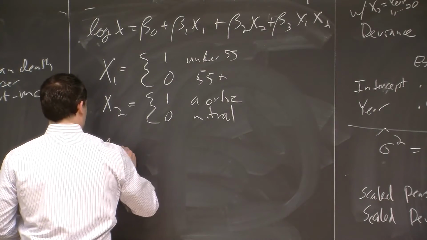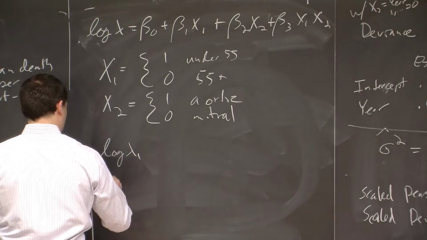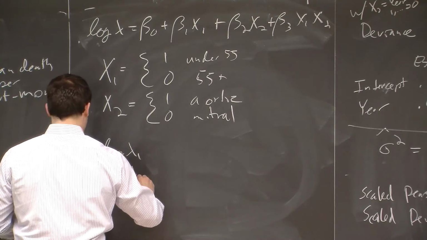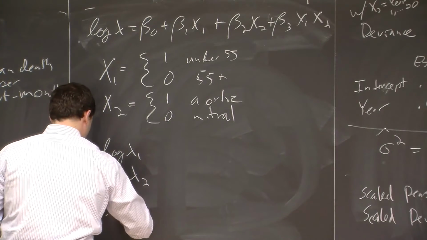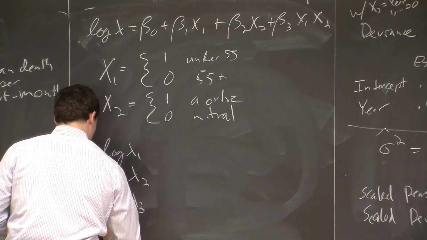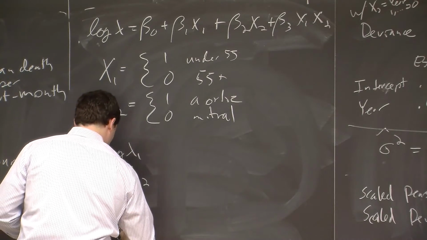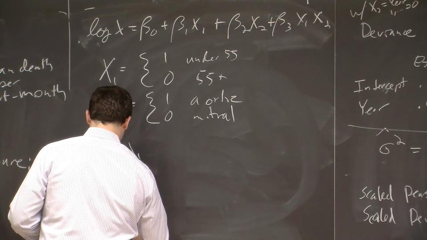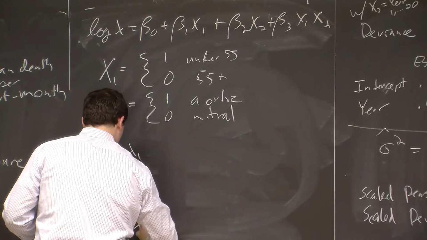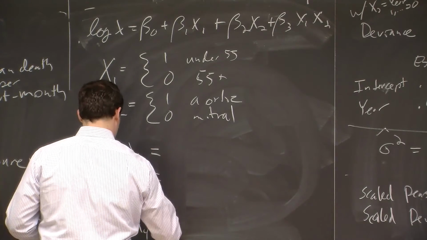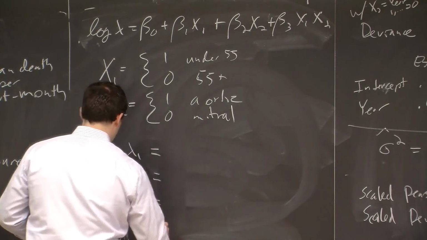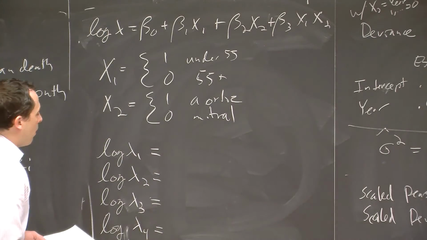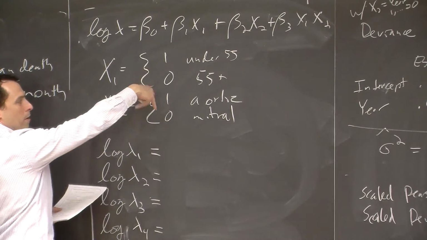So then we have death rates. Right, there's 4 cells. Each one has its own death rate, which gets multiplied by the exposure, log lambda 4. And these just come from unpacking these.